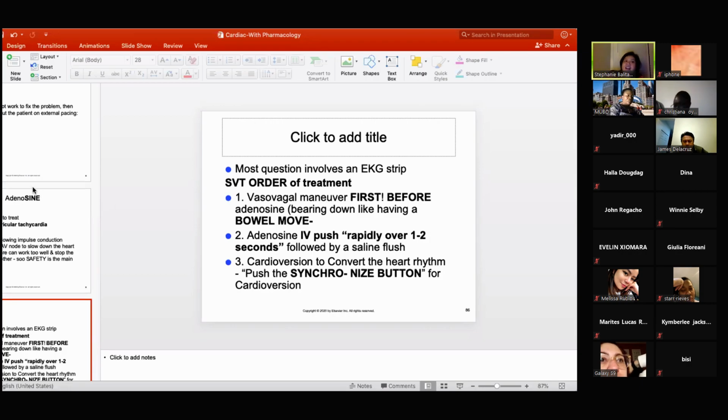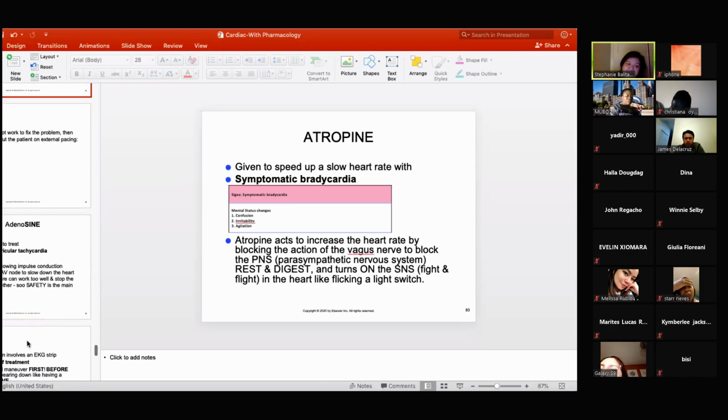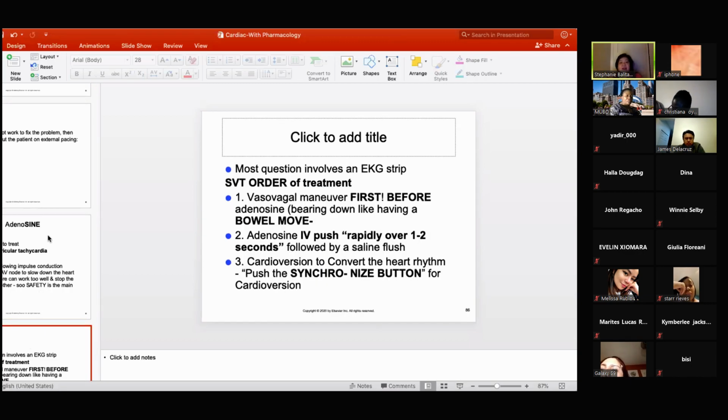That's why on the opposite end, atropine is blocking the vagus nerve action, because the heart rate with atropine is already so low. You don't want it to be lowered anymore. So with adenosine, tell them to do that first.